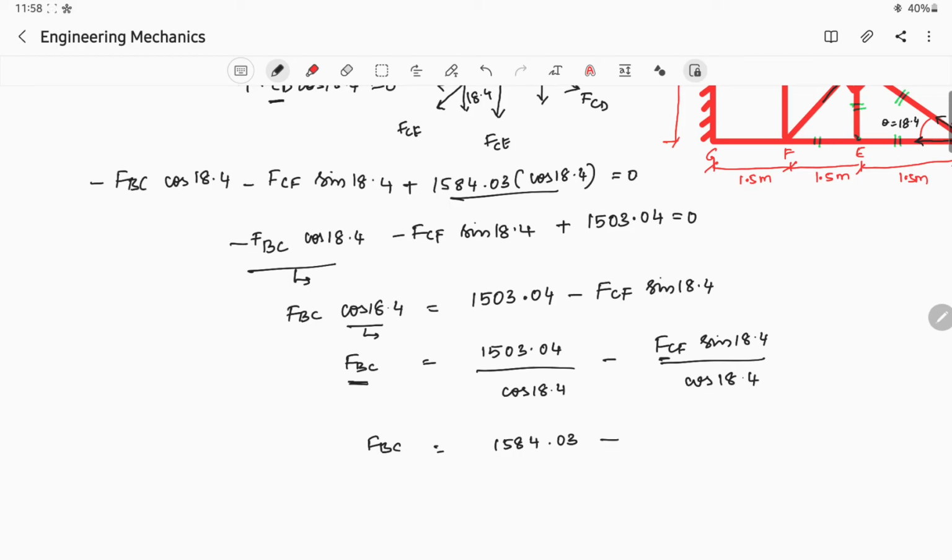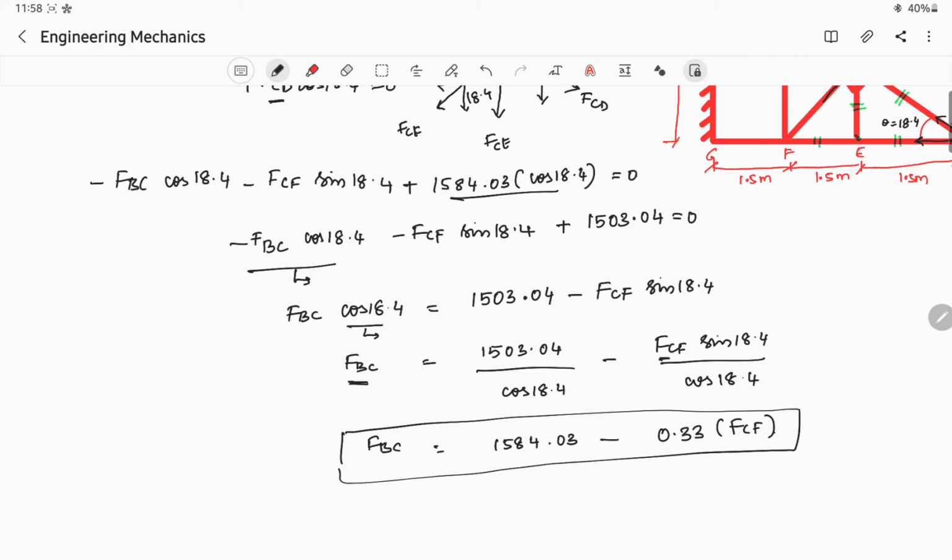So tan 18.4, or sine 18.4 by cos 18.4, both are same. This value you will get as 0.33 FCF. So we'll name this as equation number 2.